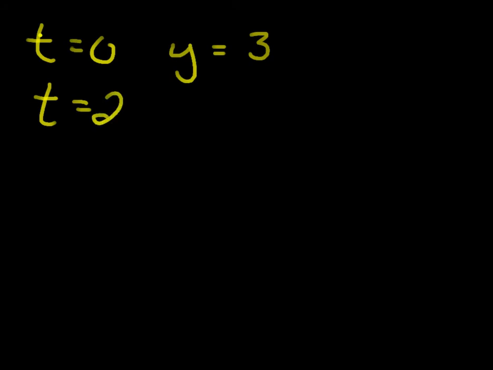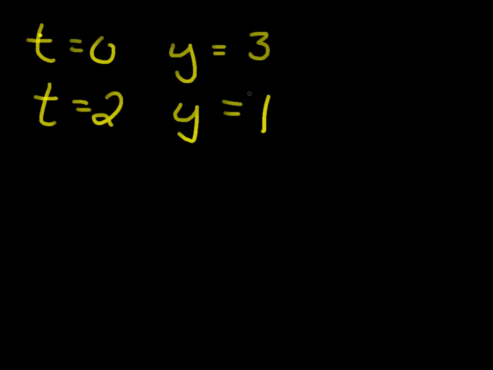So for instance, let's say that we have some particle, and when time is 0, its position is 3. Then we let some time go by, and maybe 2 seconds later, time equals 2, and the new y position is 1. So this particle is moving in a straight line, and we'd like to know its position.